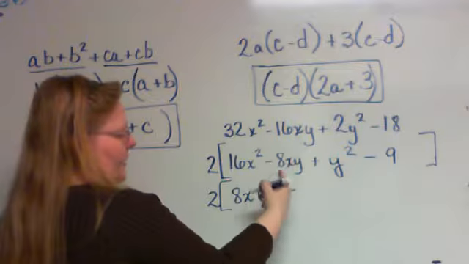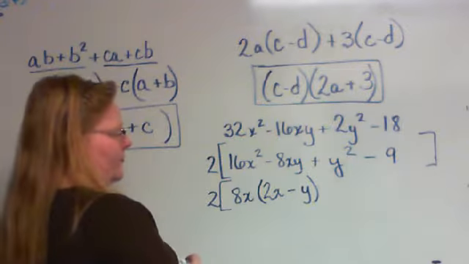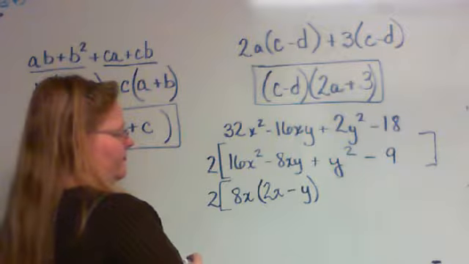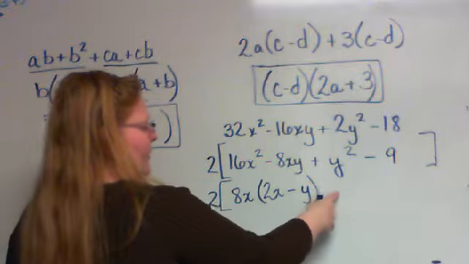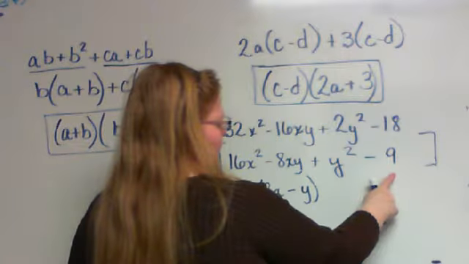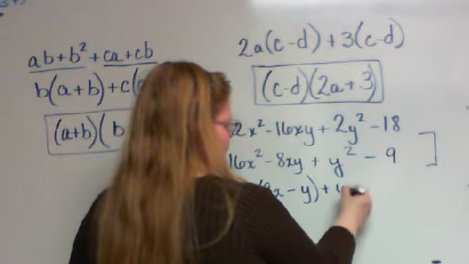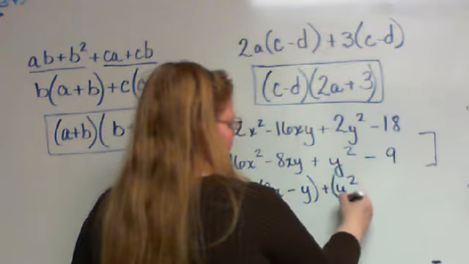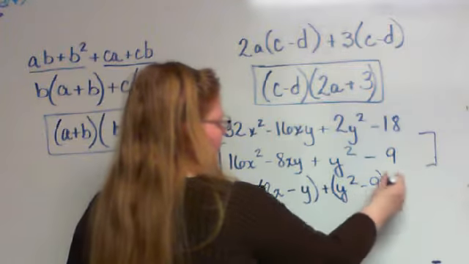Take the x out, they cancel each other out, I just have a y. Over here, there's nothing I can take out. That leaves me with y squared minus 9 over here.